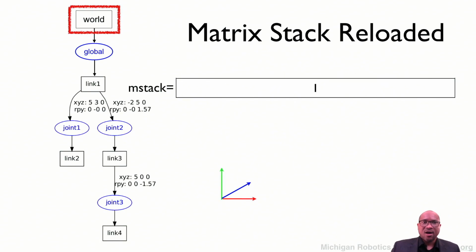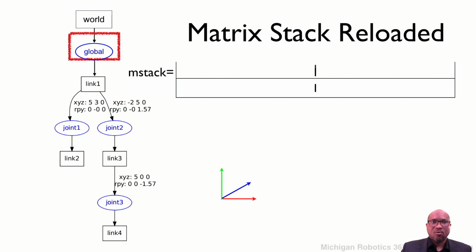Let's go back to our recursive matrix stack formulation that we talked about in the previous lecture, and think about that one more time, now considering the motion of motors. This is the kinematic tree that we get from our URDF example, and this is our matrix stack here, with the workspace shown below. When we get to the world, we go through the global coordinate frame.